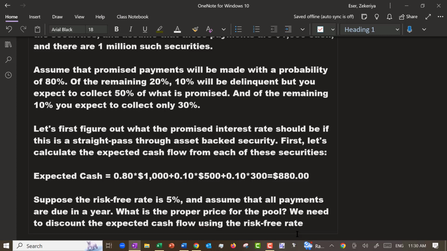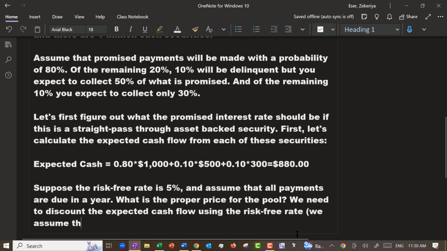This is a technical assumption. We assume that all investors are risk neutral, which means they are indifferent between getting $880 for sure versus getting a cash flow that has an expected cash flow of 880.